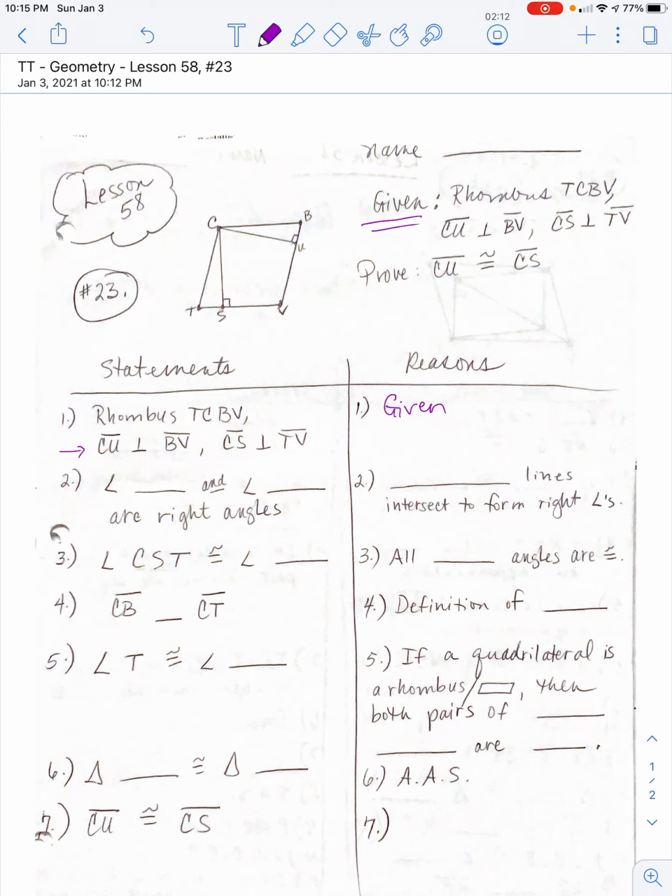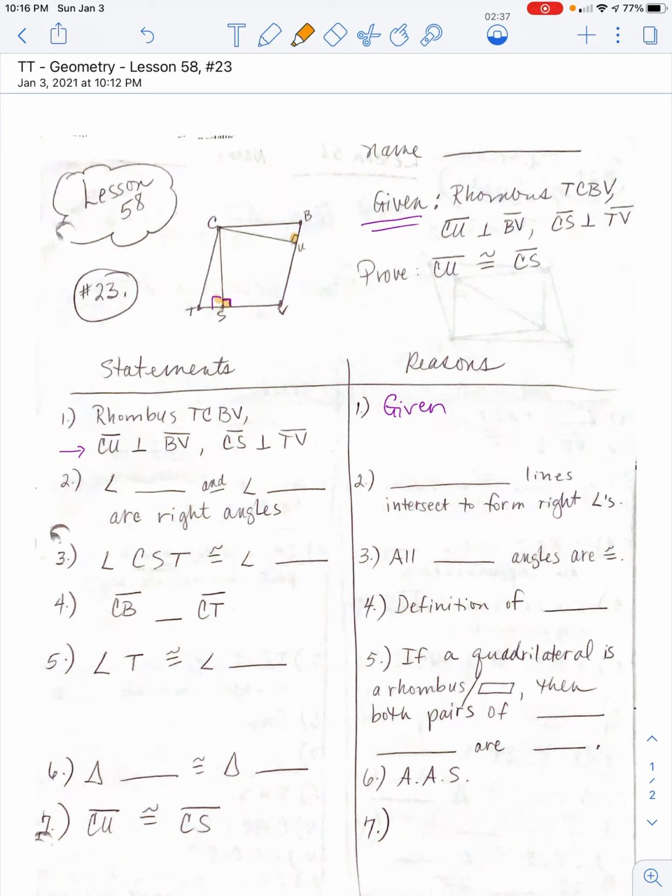Okay, now, because we have perpendicular lines that created right angles, let's write in what that creates. So CST, we do see it has one written here, but quite honestly, what we're really concerned with, let me just highlight that right here and right here. But remember, as I said a minute ago, this is also going to be a right angle right down here.